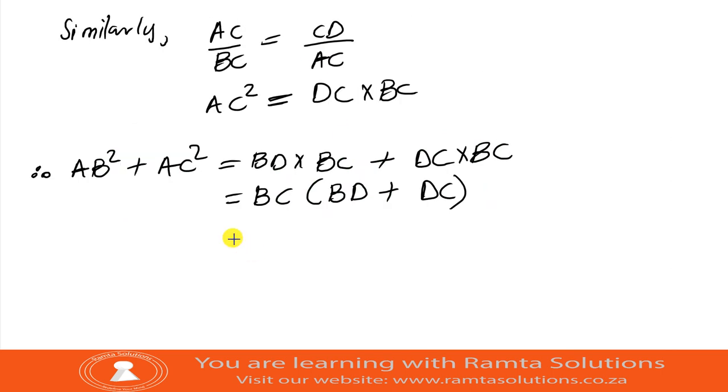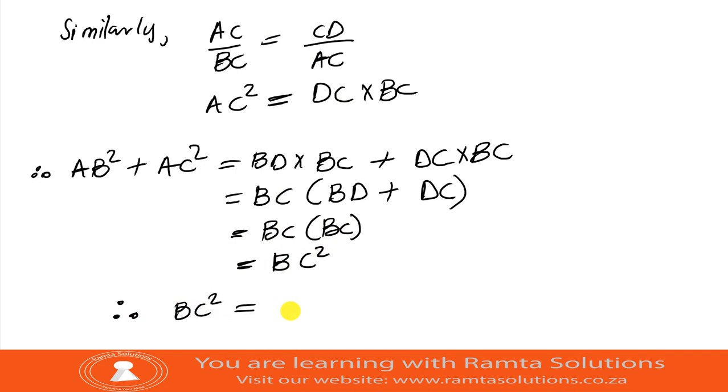So this is BC times BC. What are you left with? You are left with BC squared. Therefore, BC squared is equal to AB squared plus AC squared. Now, you have proved the Pythagorean theorem. You have proved the Pythagorean theorem by using similarity of triangles.